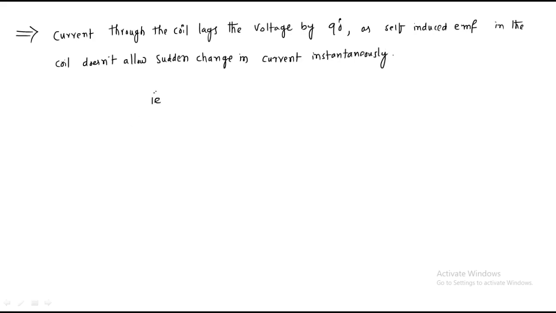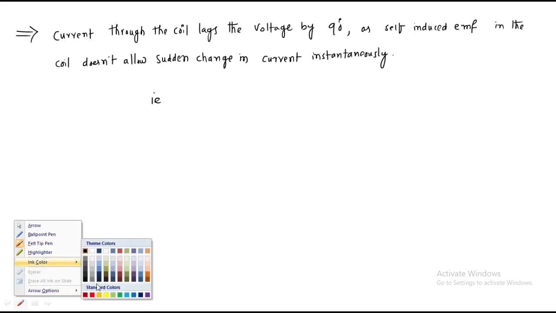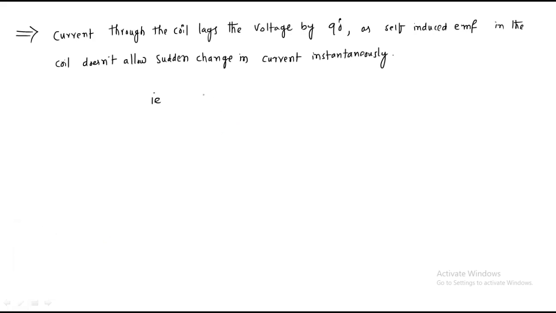That is, what is the phase angle between voltage and current now? Applied voltage, let us say V1, and I should be equal to what? 90 degrees. Current lags voltage by 90 degrees. Lags.